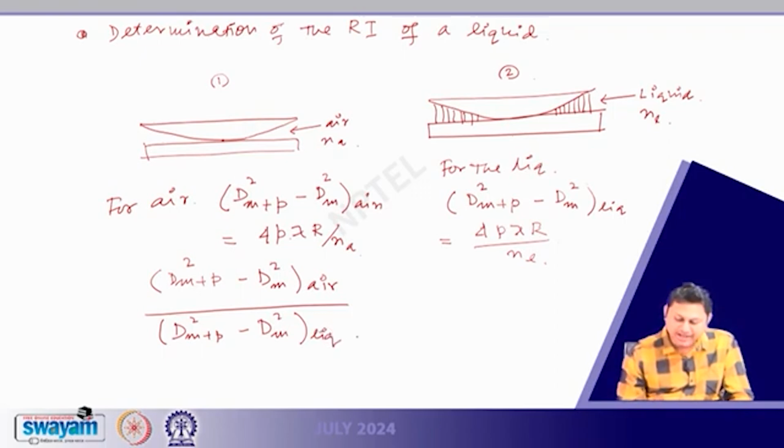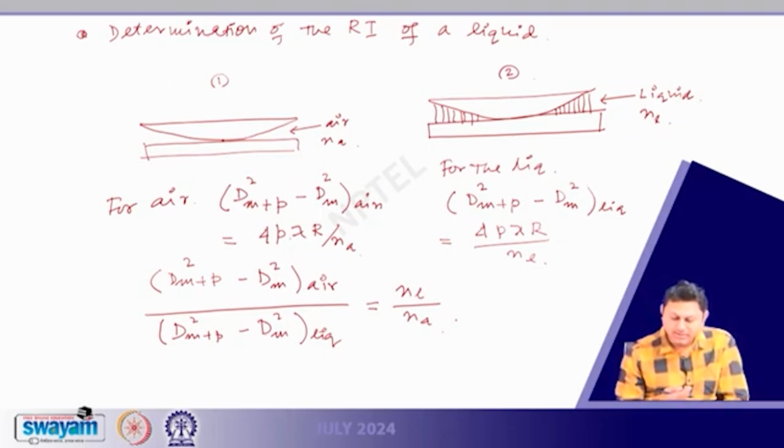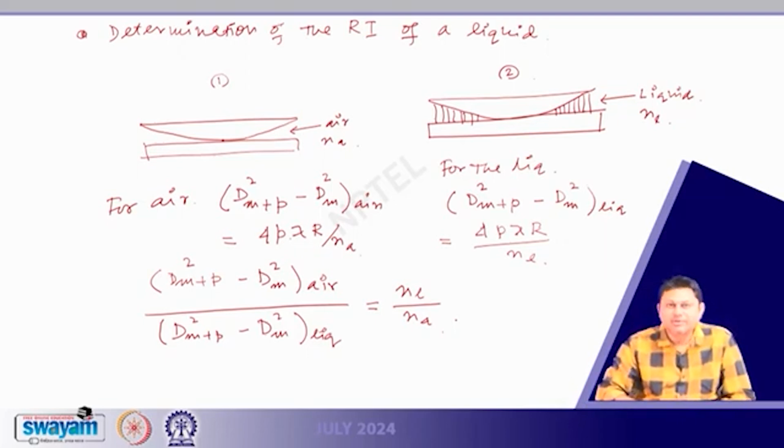Also this can be calculated experimentally. Both the things we calculate experimentally, which simply comes out as NL divided by Na. For the air, normally Na is very close to 1. Then utilizing this expression, one can simply find out the value of the refractive index of the liquid by just calculating the left hand side using the experimental setup. So with that note, I would like to conclude here.